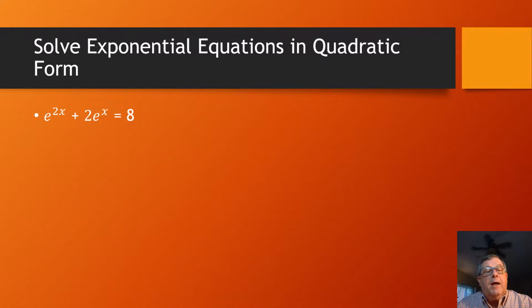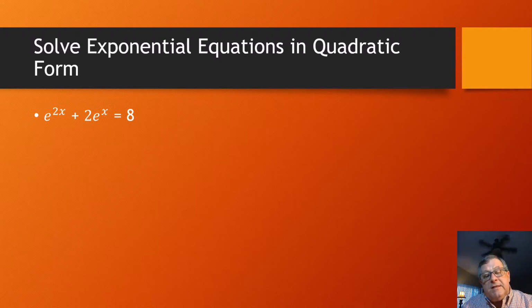So we've got a quadratic equation that involves the natural base. We've got the natural base e raised to the power of 2x plus 2 times the natural base raised to the power of x equals 8.